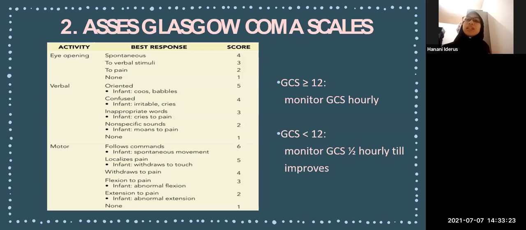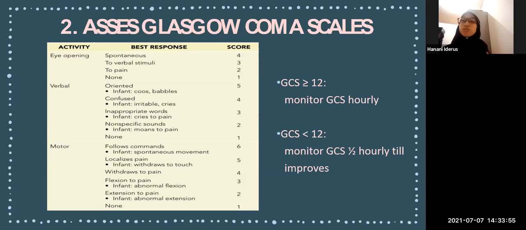However, you can see that for the best verbal and the motor part, there is a bit of difference in how we assess those who are younger than 1 year old, because their speech may not be comprehensible yet. So instead of assessing whether the patient has oriented verbal speech, they may be cooing or babbling, which is normal for them.